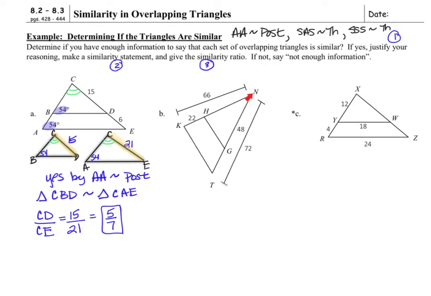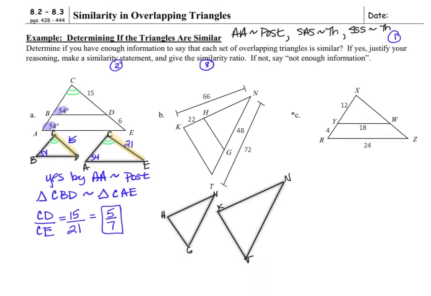Let's take a look at letter B. We have triangle NHG and triangle NKT. I'm going to go ahead and draw these separately. Now let's label all the information we know. Let's start here with this 66. This 66 represents the length from N to K, so that would be on the larger triangle here.